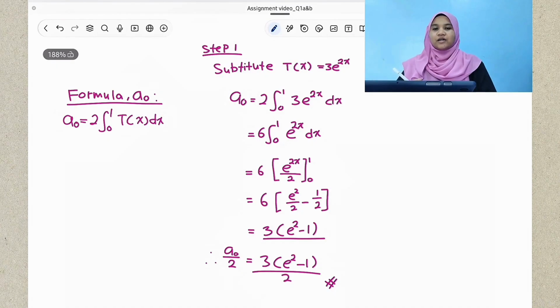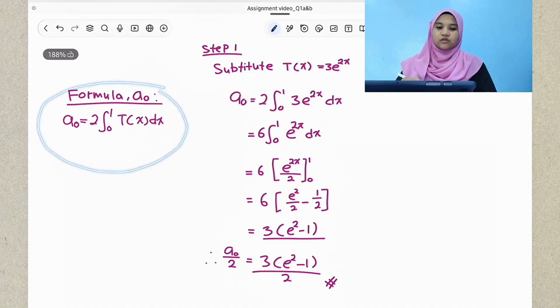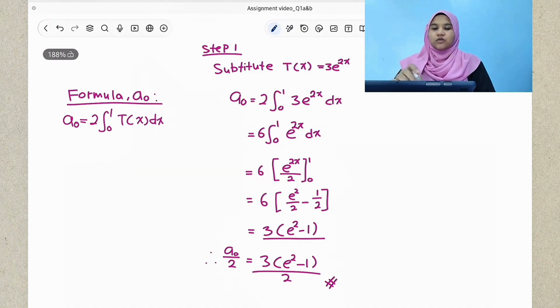Okay, now let's compute A naught first. The formula for A naught equal to 2 times the integral from 0 to 1 of T(x) dx. This is the formula of A naught. So, now we substitute T(x) equal to 3 e to the power of 2x.